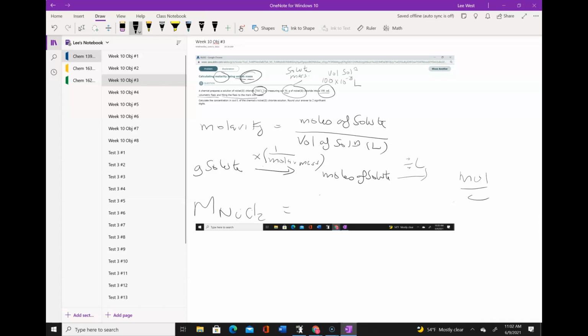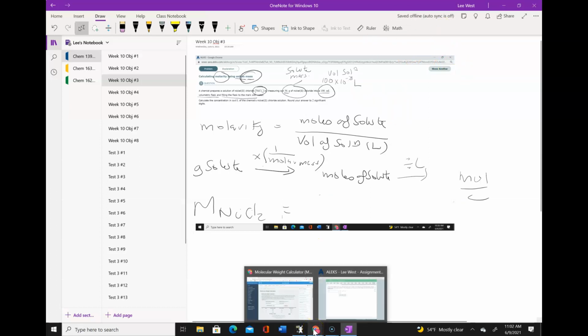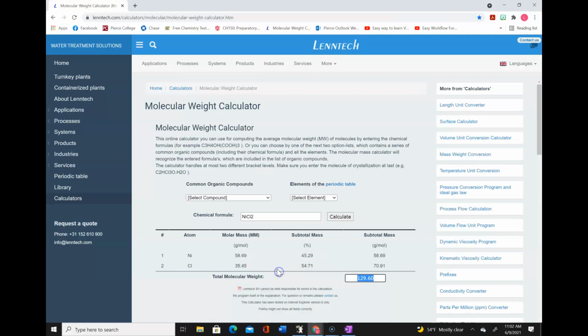I'll give you a little warning: you always want to use a legitimate molar mass calculator if you're going to use the internet to find your molar masses. I like to use this one from Lenntech. If you Google, the first answer is not always the correct one.